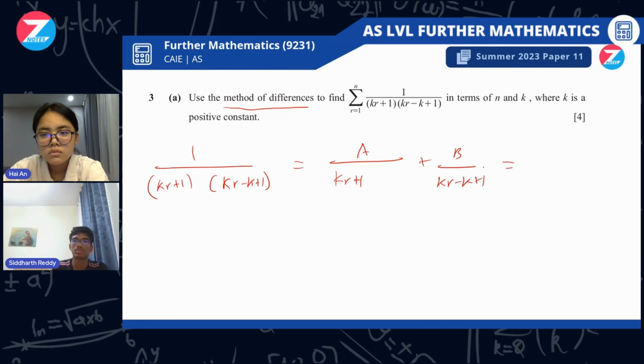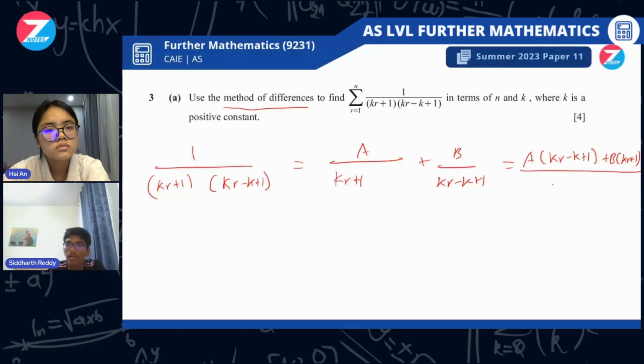So simplifying, like moving in the reverse direction, it becomes a into kr minus k plus 1 plus b into kr plus 1, divided by kr plus 1 into kr minus k plus 1.